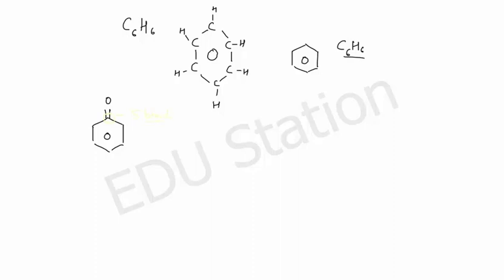So this goes out. You cannot have this structure. That means anything which is linked to benzene has to be linked via single bond. So if I have a Cl, I'll call it chlorobenzene, or if I have a Br, I'll call it bromobenzene. All of these groups are connected to benzene via single bond. Nothing can get connected via double bond, because then carbon is going to have 5 bonds.